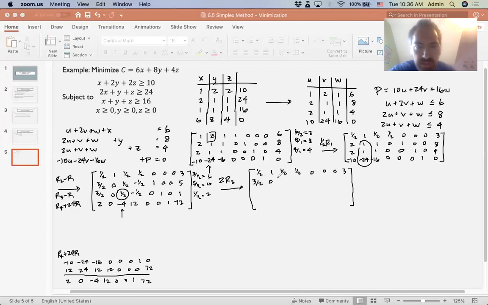Everything else will remain the same. So multiplying by 2 in row 3, that's 3, 0, 1, negative 1, 0, 1, 0, 1.